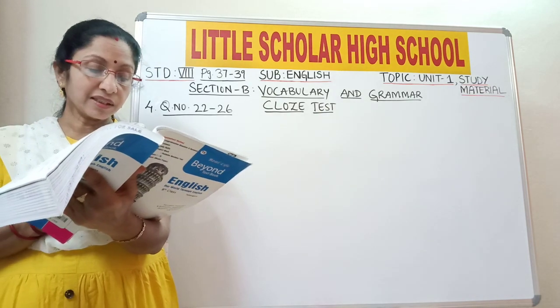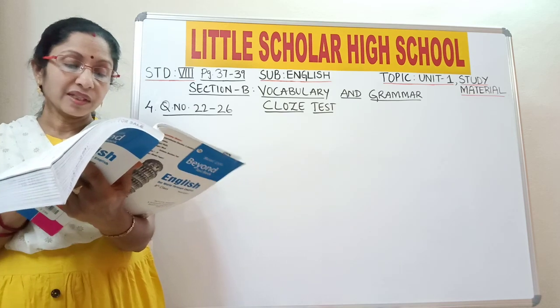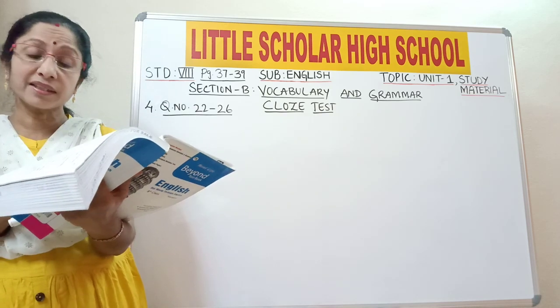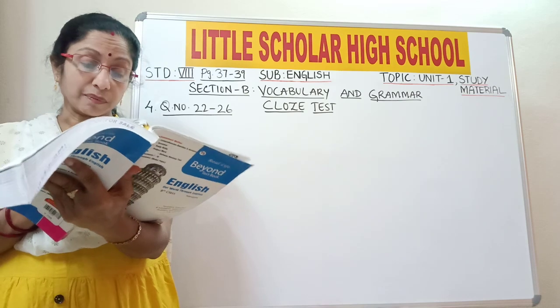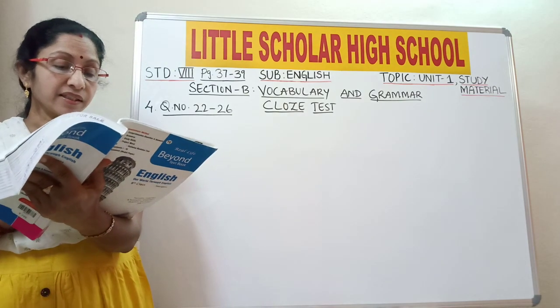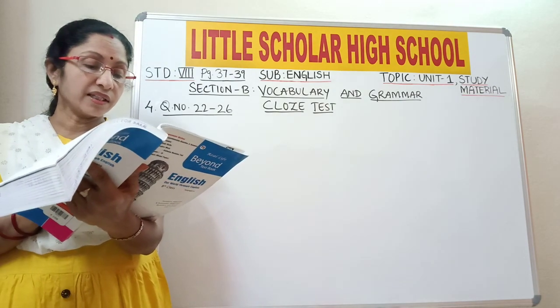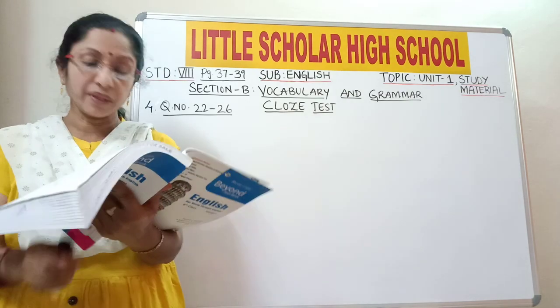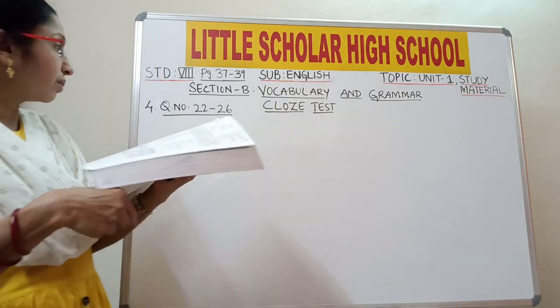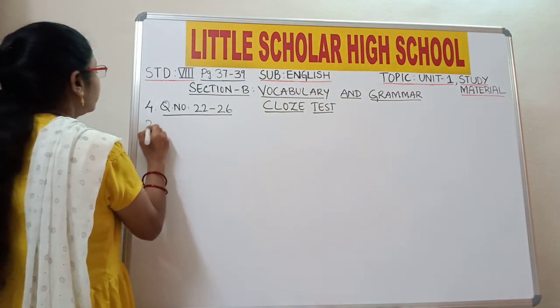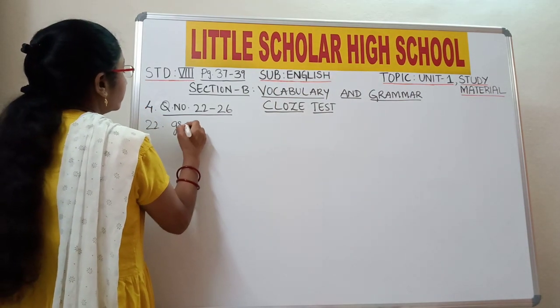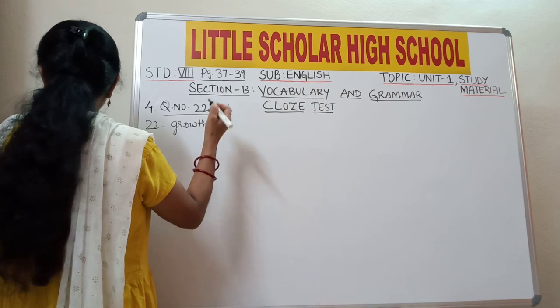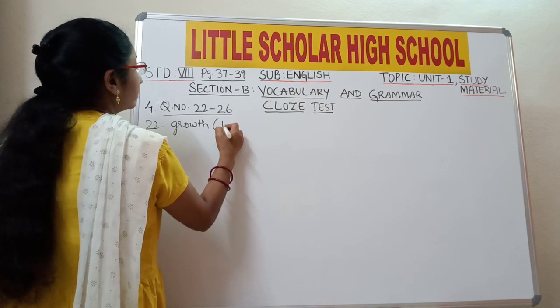Grew is past tense, growth is the noun, grows is present tense, growing is present participle. So the answer is: the lush monsoon growth has reached its peak. Option B.